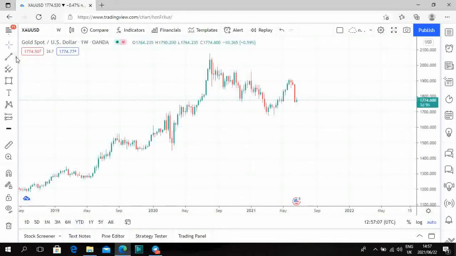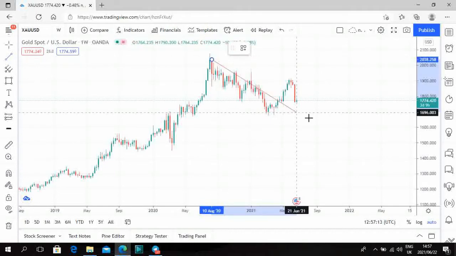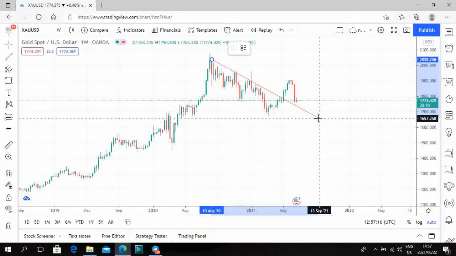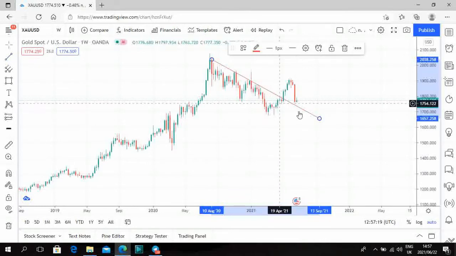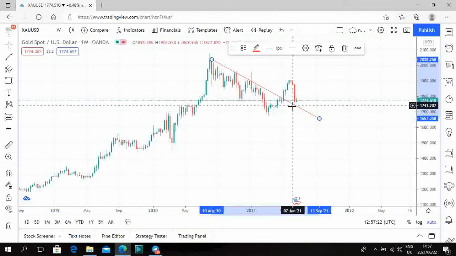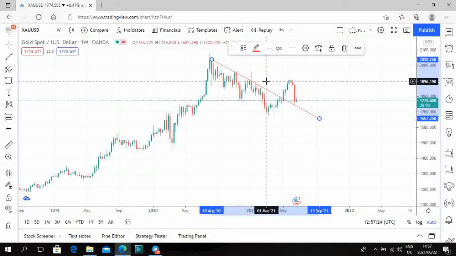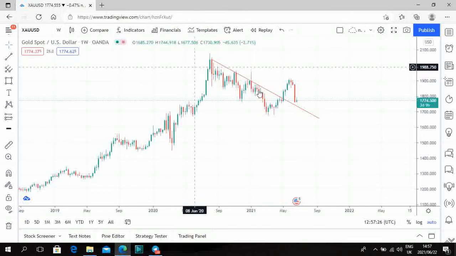These are the things that I actually look at before I trade. I put my trend lines to see what's happening. I was seeing a fall because of this. The market was falling from last week, which in other terms means it was consolidating so it can push up again, if you understand what I'm saying. This was a trend line.